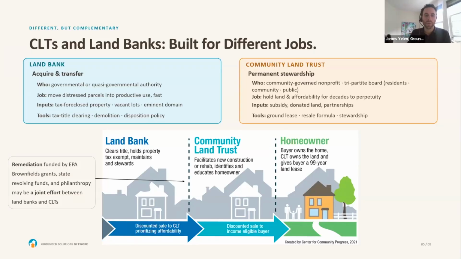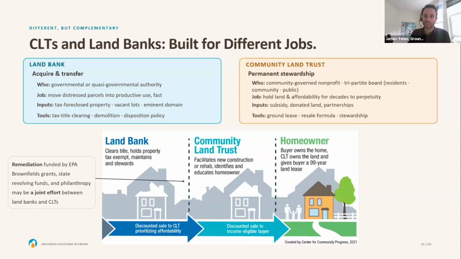Land banks are really more intended for the acquisition and holding of land that's either become delinquent on taxes or foreclosed, blighted properties that have been abandoned that may have remediation issues. They're there to clear taxes and liens and clear up title issues, potentially even do some of the remediation work before they can become developed. Land trusts, again, are there to steward that land once it is developed, or at least in that transitional phase.